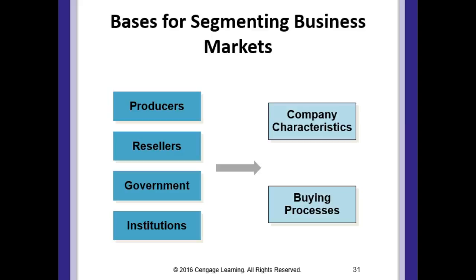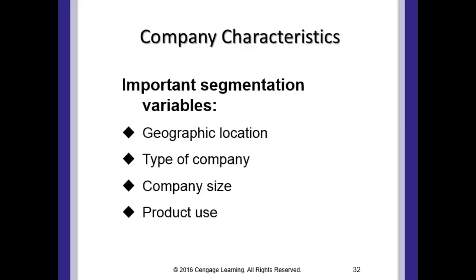Company characteristics sometimes include geographic location. It could include the type of company, the company size, the products that they use, all of those things. I got a little ahead of myself there, sorry about that, but those are the things I just talked about.